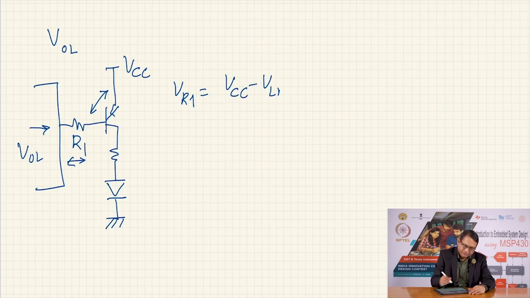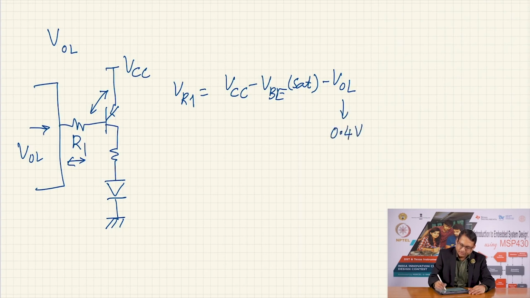VBE sat minus VOL. So, let us take similar numbers. Let us say VOL is 0.4 volts, VBE sat is 0.9 volts, and let us say VCC is 3.6 volts.